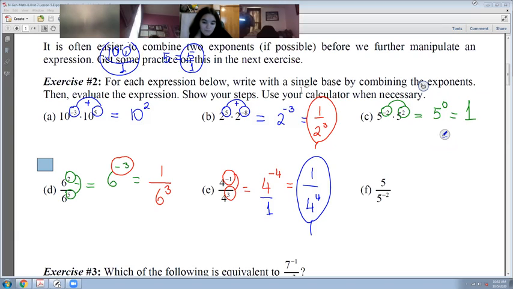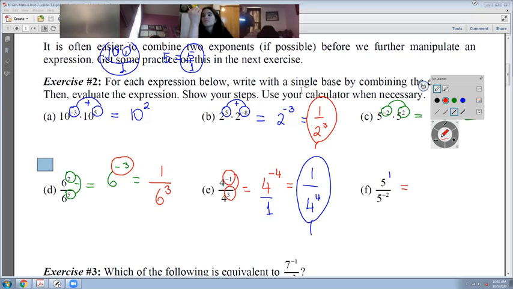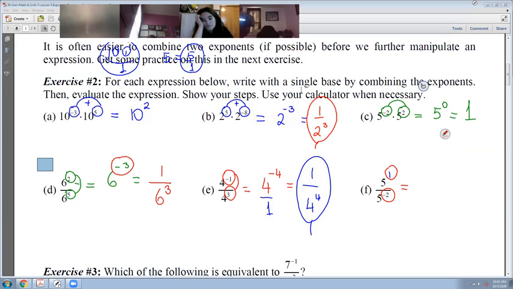Now, here, Lamia. Again, the division turns into subtraction. But be careful, Lamia. This is a tricky one. 5 to the power of, guys, this one is tricky.